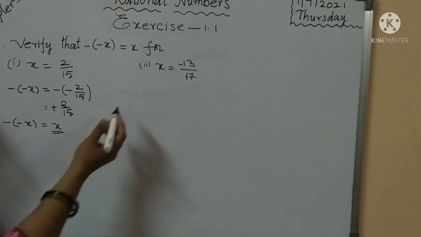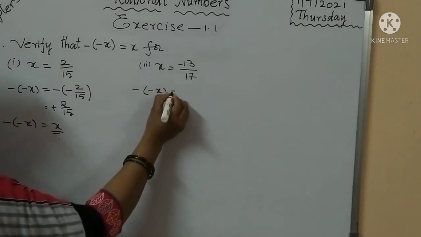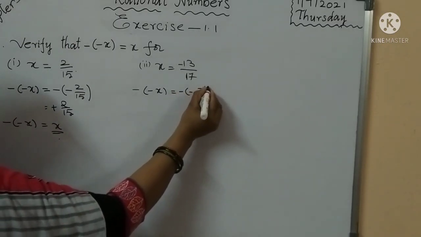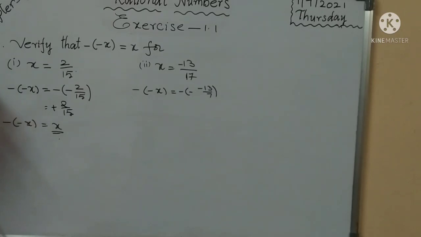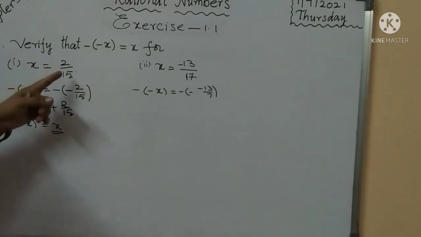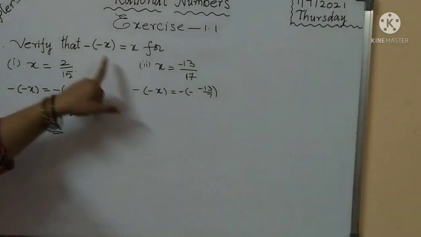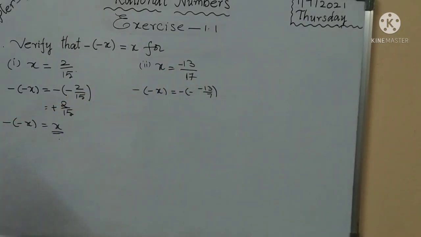Okay, right. Next, minus of minus x equals minus of minus 13 by 17. Prove that minus of minus x. Keep the minus and here minus. What is the x value here? Minus 13 by 17.